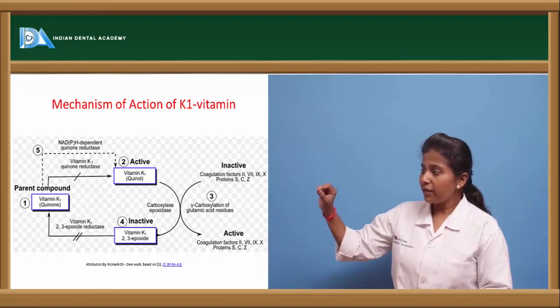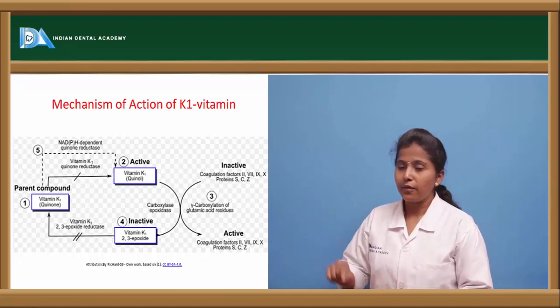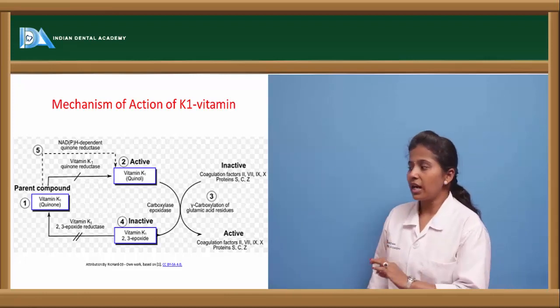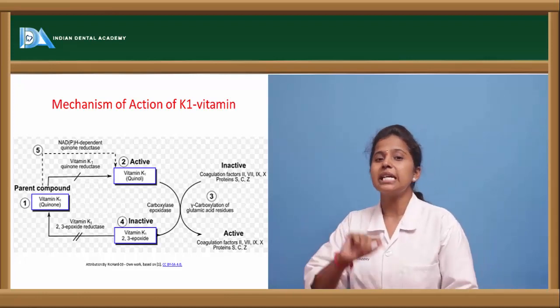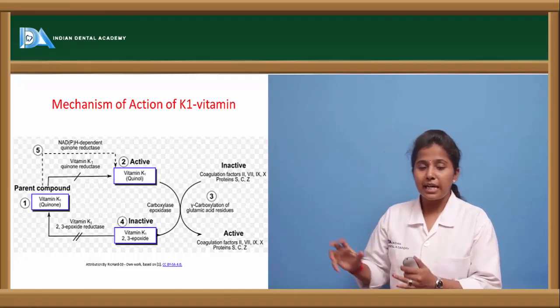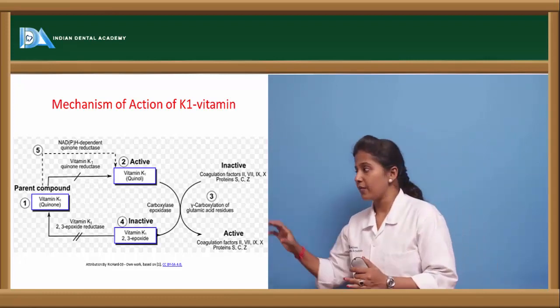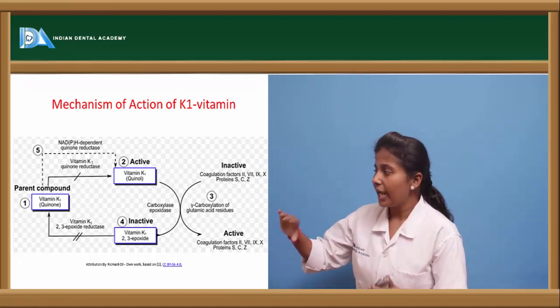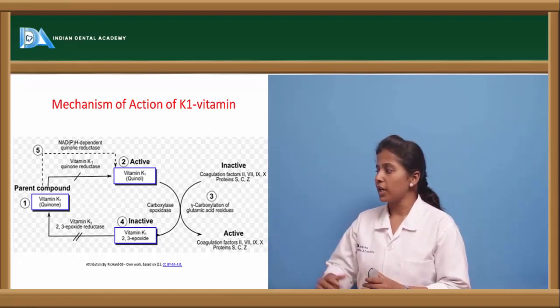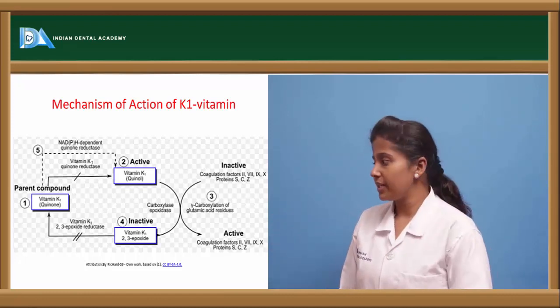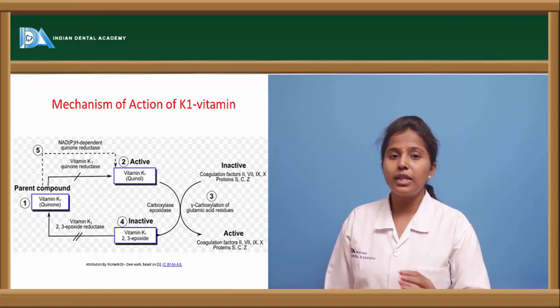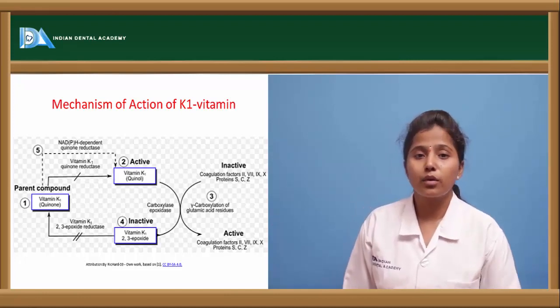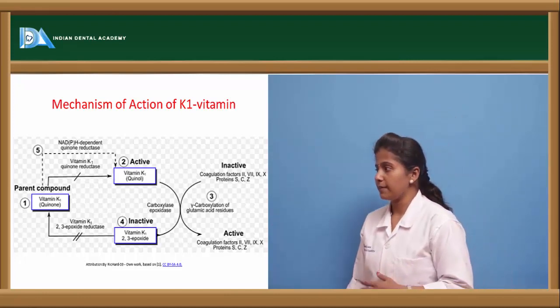And this active form is again converted to the inactive form in the presence of an enzyme called carboxylase epoxidase. So this is like a cycle. This cycle forms the active form of K1, and this active form of K1 aids in the formation of coagulation factors 2, 7, 10 and 9, along with the prothrombin proteins which are present in the body.